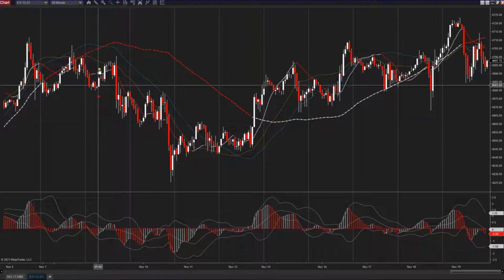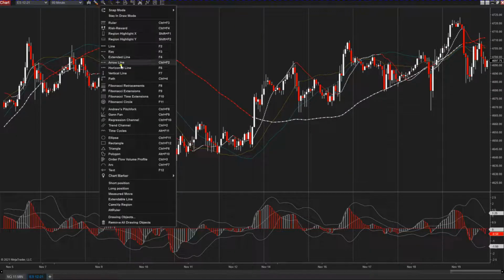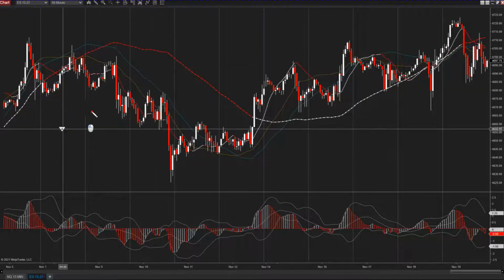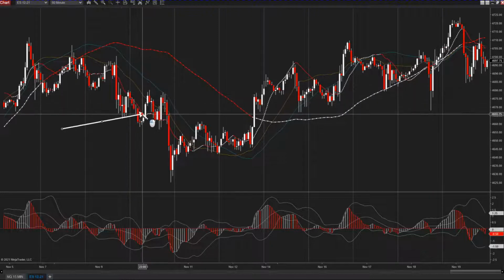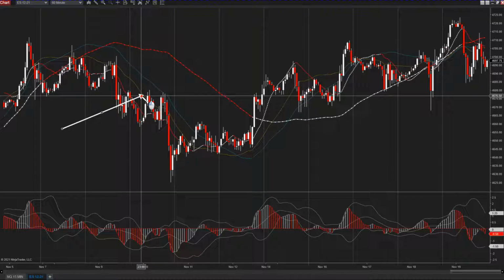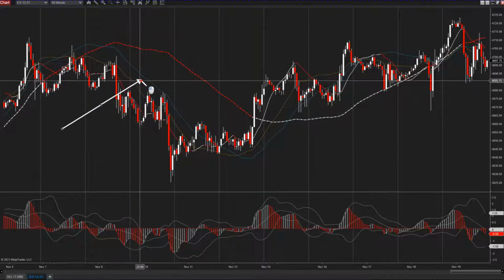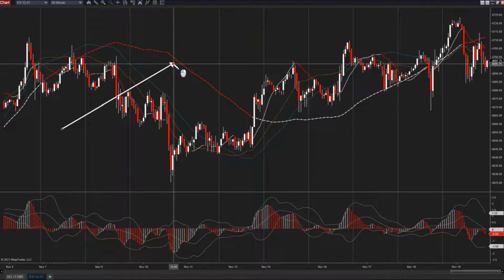Let me get my little pointer out so that you can see what I'm talking about. The fastest line is the 4. Here's the 3, there's the 2, and here's the 1. The 1 is the main trend line.